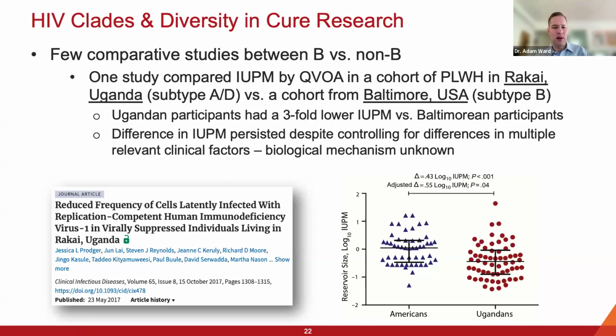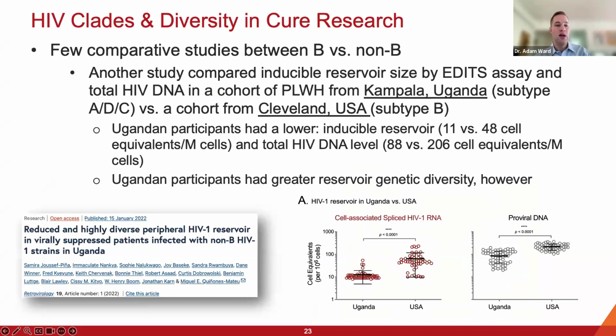Also, they noted that subtype D, which I believe around 60% of these participants in Rakai were living with, is most genetically similar to subtype B with similar viral dynamics, such as CXCR4 usage. So maybe this difference is not driven by viral subtype, but we do not know. Maybe there are other environmental factors driving this difference.